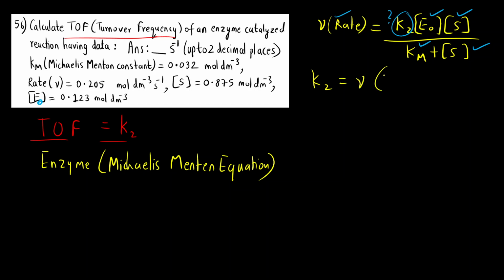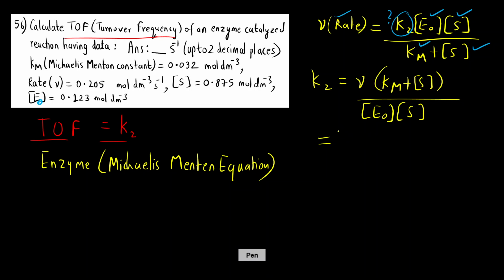K2 will be rate into Km plus S, concentration of substrate, divided by concentration of enzyme into substrate concentration. Rate is how much? 0.205 unit mole per dm³ per second, into Km plus S. Km is the Michaelis-Menten constant, 0.032, plus substrate concentration 0.875.